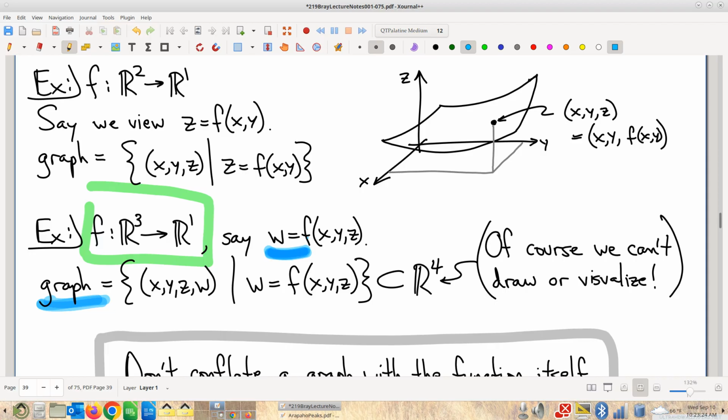And notice your resulting equation here lives inside of R4, and you can't draw that. It just doesn't make any sense. So the graph construction is kind of useless in this situation. This is a problem. It's a nasty little problem.